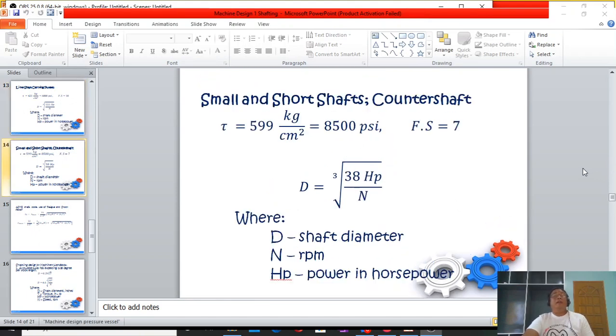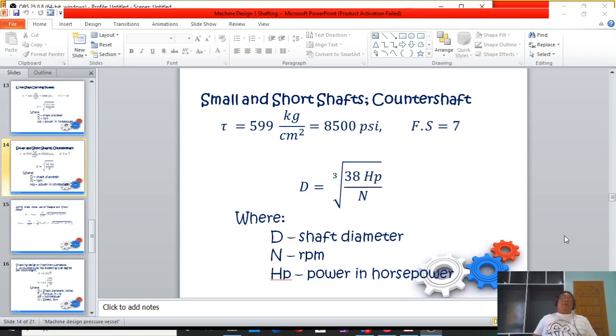And for the last type of shaft, this is the small or short shaft, or the counter shaft. Take note, class, that the shearing stress considered here is 599 kilograms per centimeter square, or equivalent to 8,500 psi. And the factor of safety here, class, since the shaft is very short, is 7.